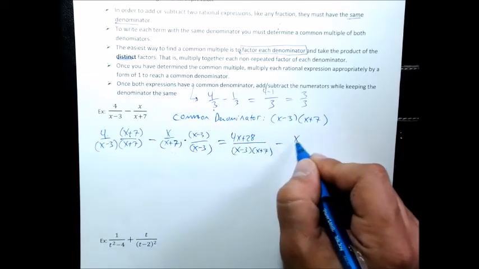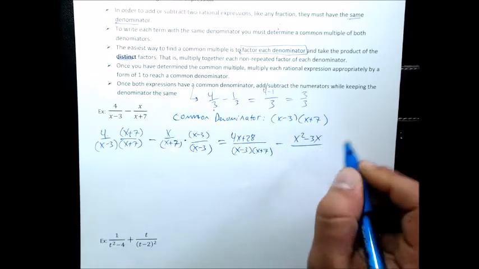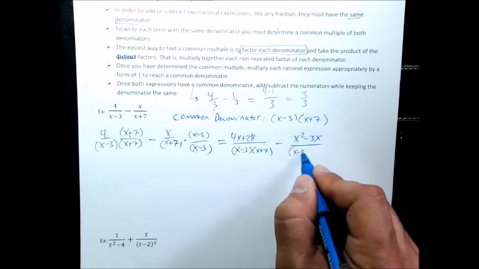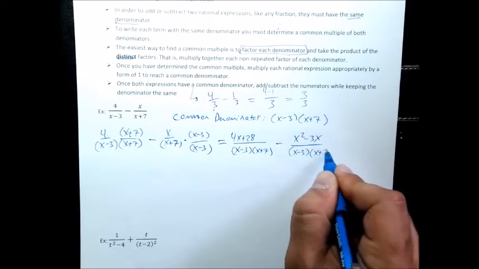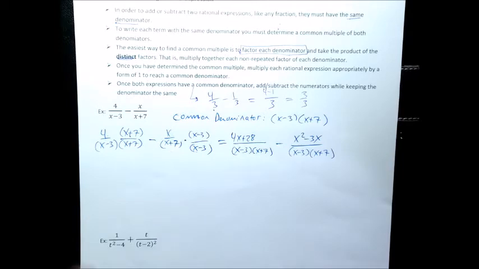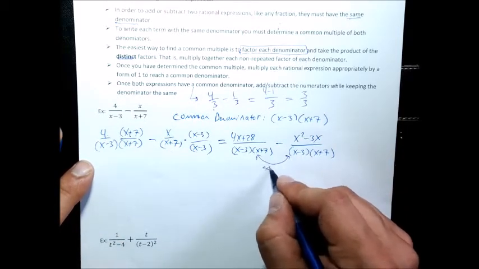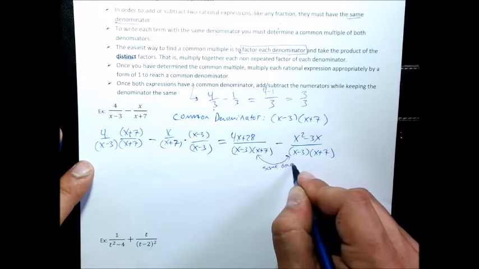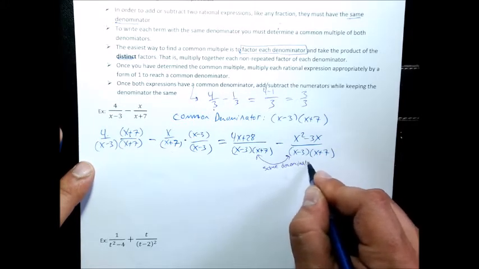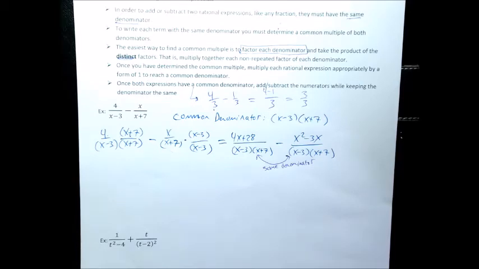So we'll get x squared minus 3x. And now we have the same denominator. We've got the same denominator, and so that means we can combine the fractions.